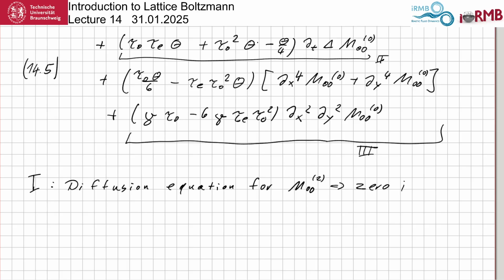This can be 0 if the initial and boundary conditions are 0. I mean, if you have a diffusion equation, think about it, you have 0 boundary conditions, you have 0 initial conditions, diffusion of 0 will disappear, so you're fine, right?